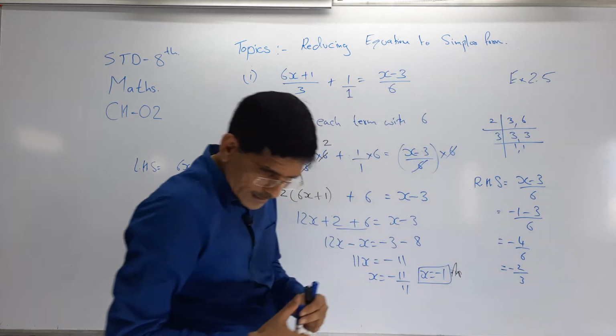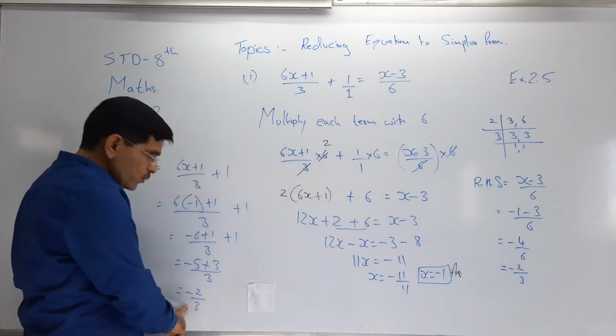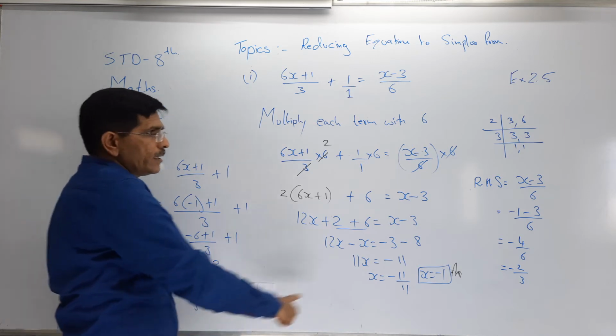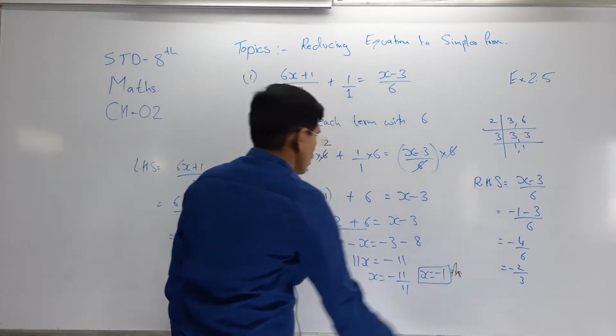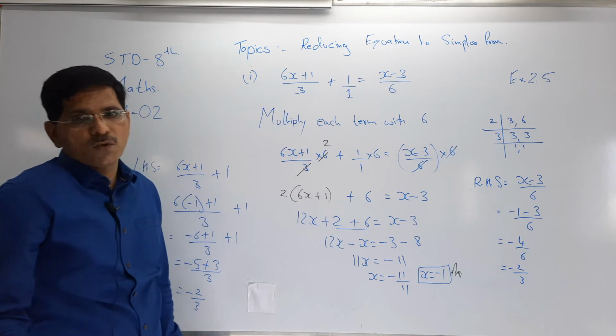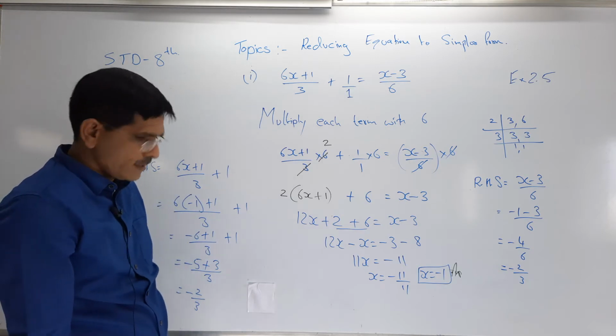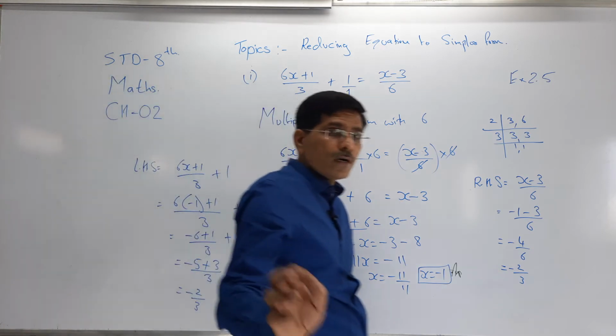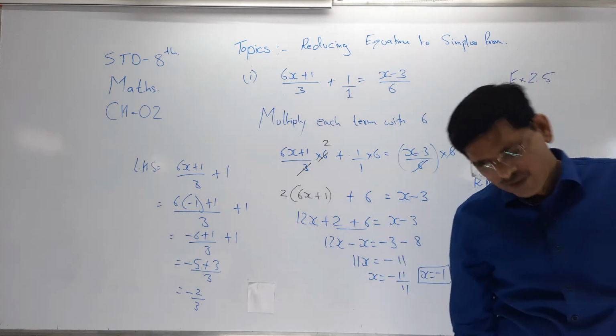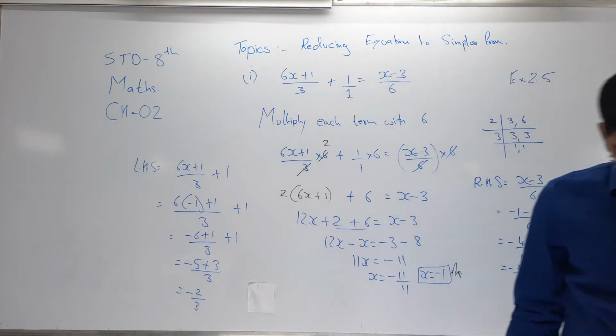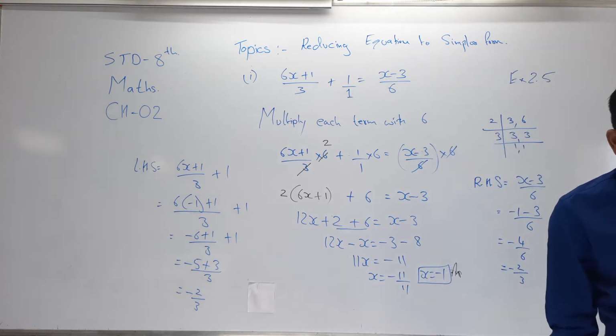So if you check properly, minus 2 by 3 is on the left hand side and minus 2 by 3 is on the right hand side, which means we have the correct answer. I think you should write this because it is the first example. If you write it perfectly, then we go for the exercise.